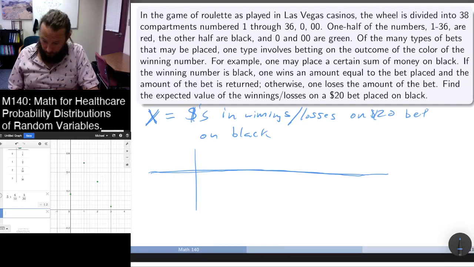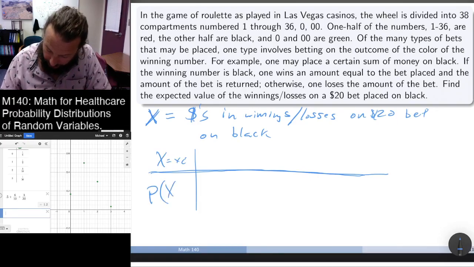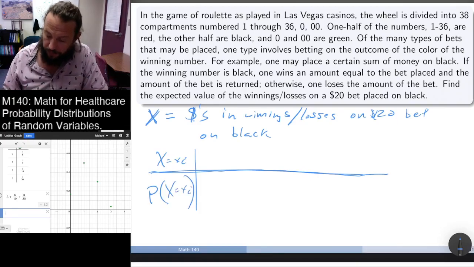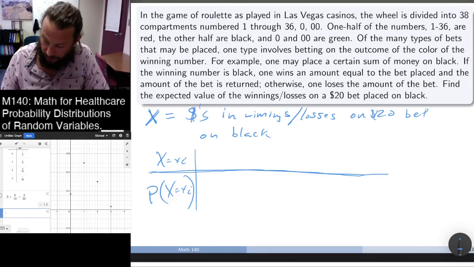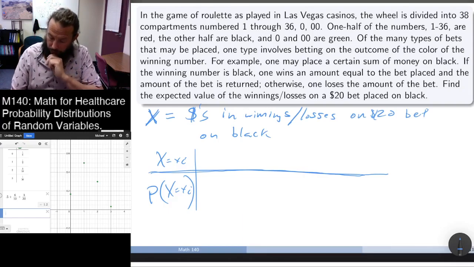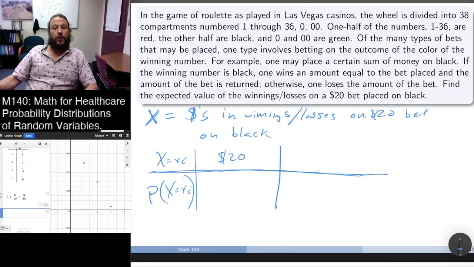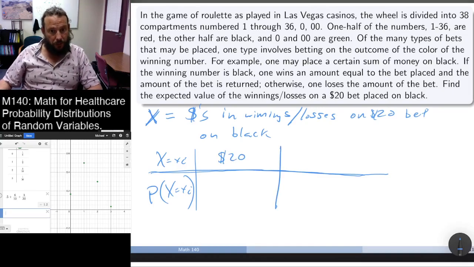All right. So what's the range of x? Remember, that's what we've got to start with. Well, certainly we could win $20, right? If it lands on black, that's what it's saying.